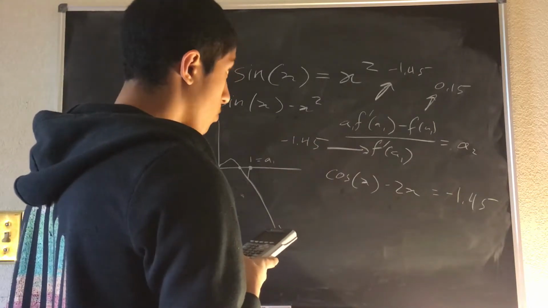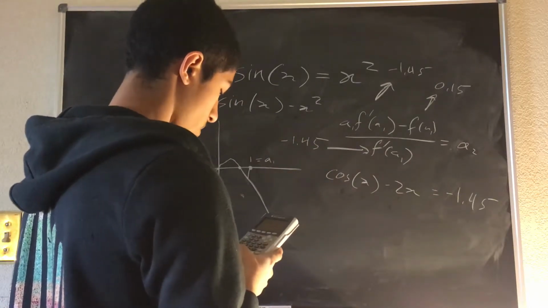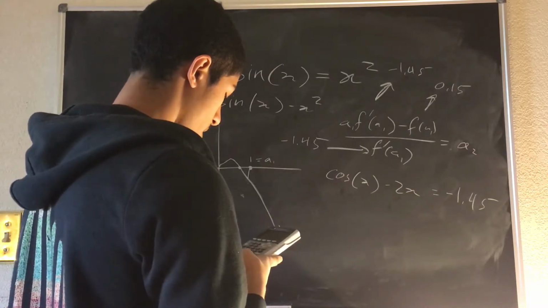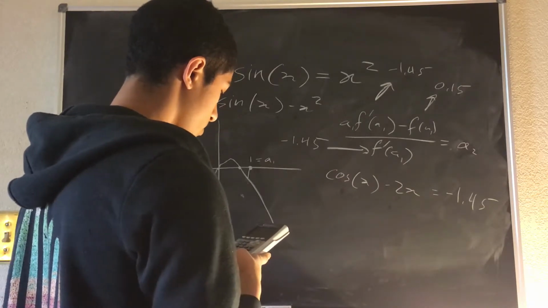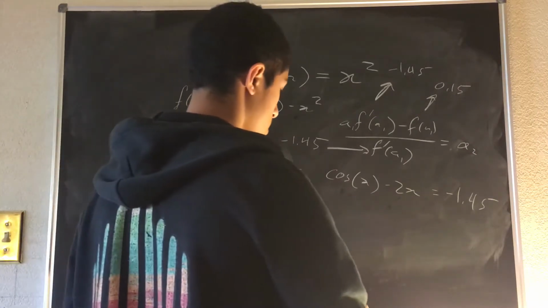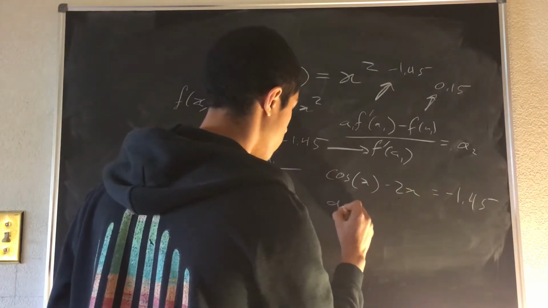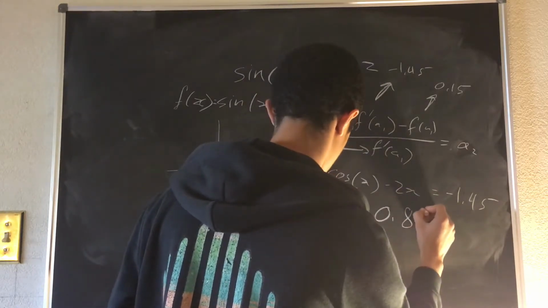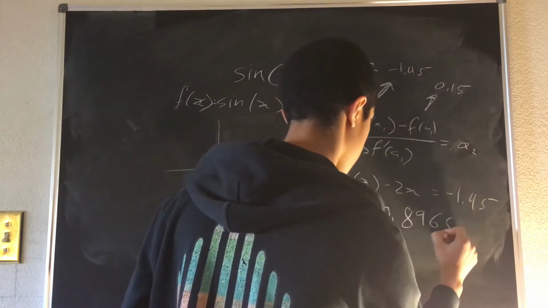So negative 1.45 plus 0.15 divided by negative 1.45 is equal to, so now we have our a2 value. a2 is equal to 0.8965.